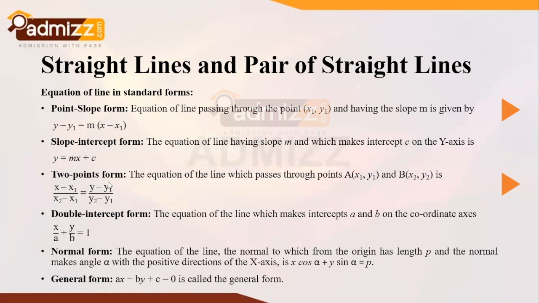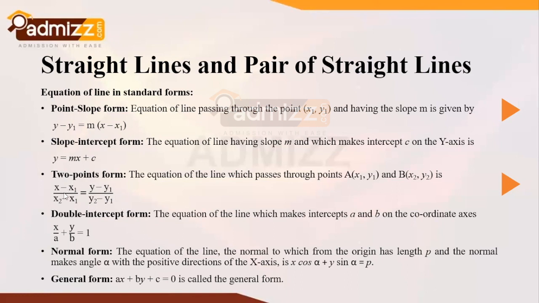Then after, if 2 points are given to you, let's say A (x1, y1) and B (x2, y2), and you are supposed to find the equation of the line passing through the 2 points as given, the equation turns out to be framed as (x minus x1) divided by (x2 minus x1) equals (y minus y1) divided by (y2 minus y1).